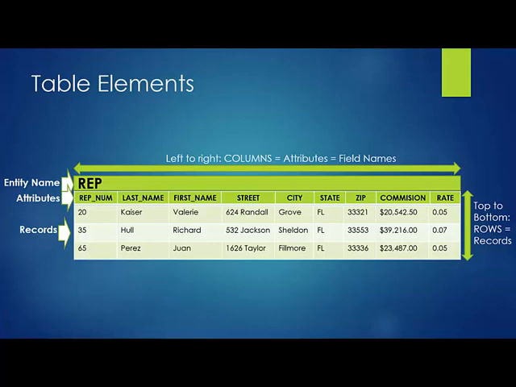For example, for this rep table, rep number 20 is represented by Valerie Kaiser at the address 624 Randall, Grove, Florida, 33321. She gets a commission of $20,542.50 at a rate of 0.05. Essentially, fields maintain information about the records in that table.